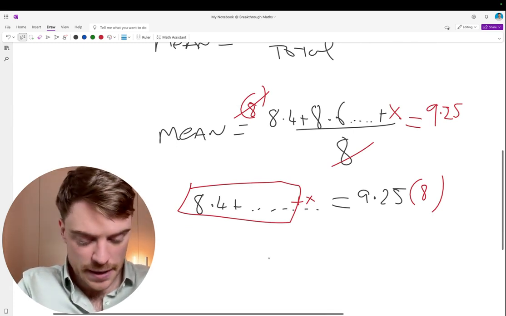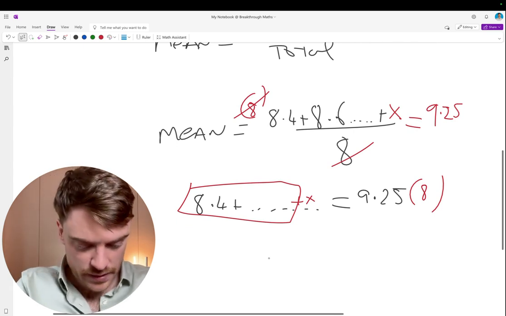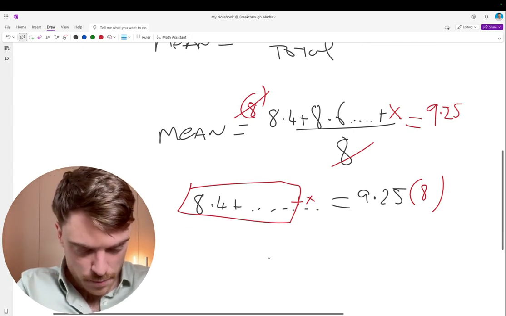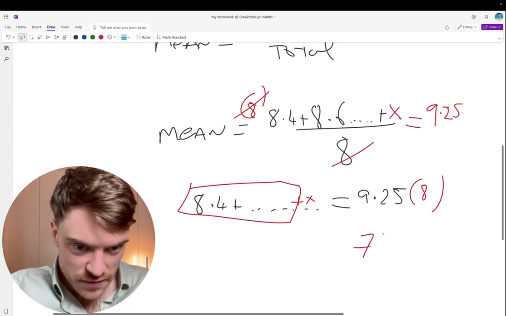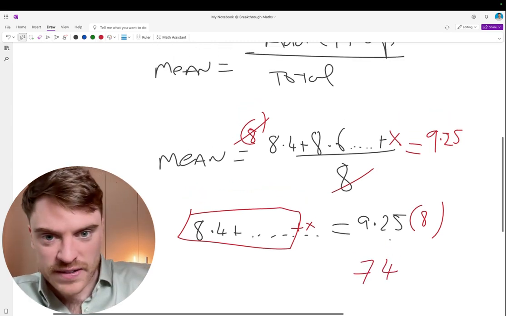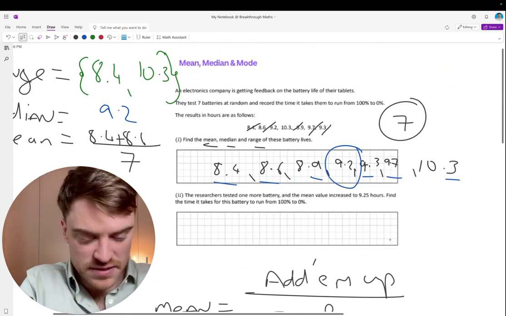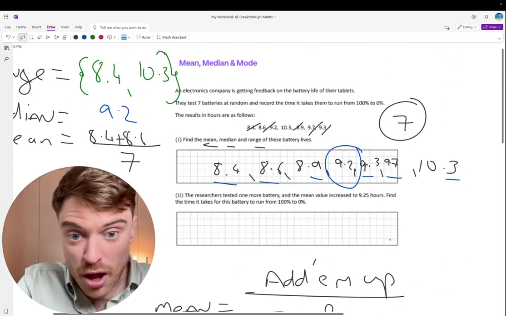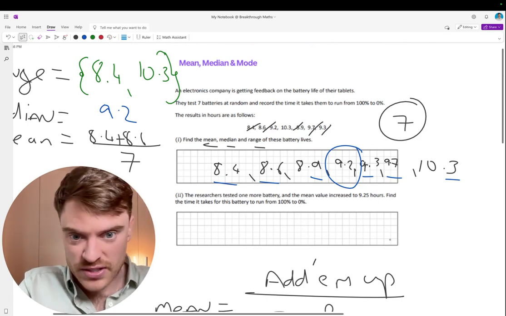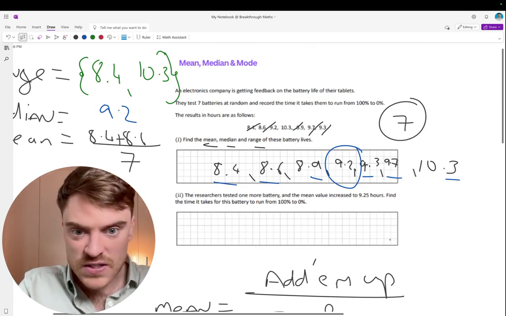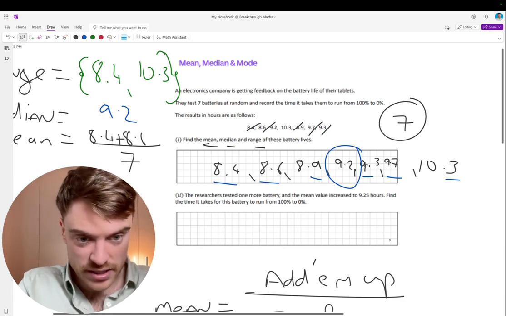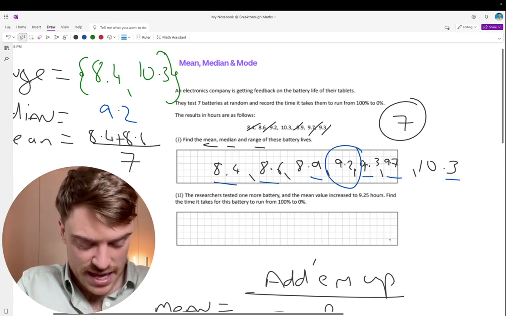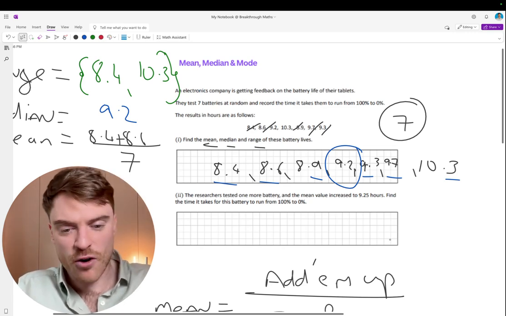Calculator. 9.25 by 8 is equal to 74. So if I was to finish this off, just because some of you will be looking for it: 8.4 plus 8.6 plus 8.9 plus 9.2 plus 9.3 plus 9.7 plus 10.3. We're nearly there. 64.4.